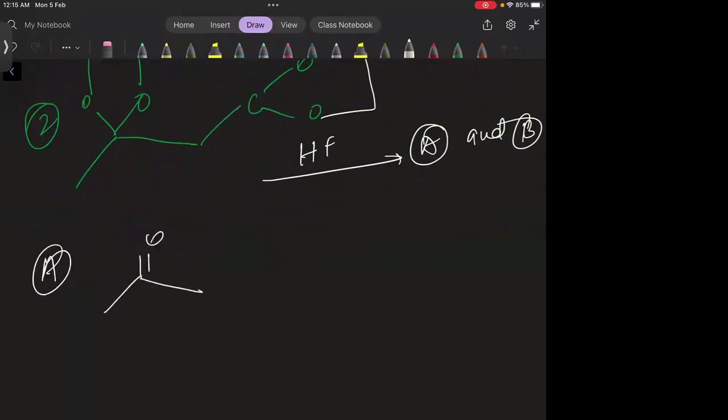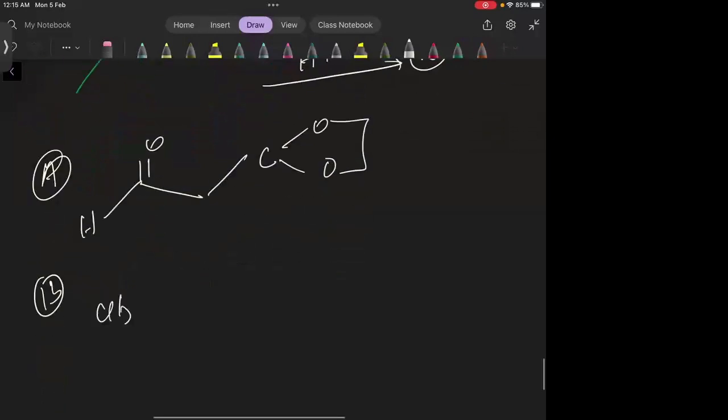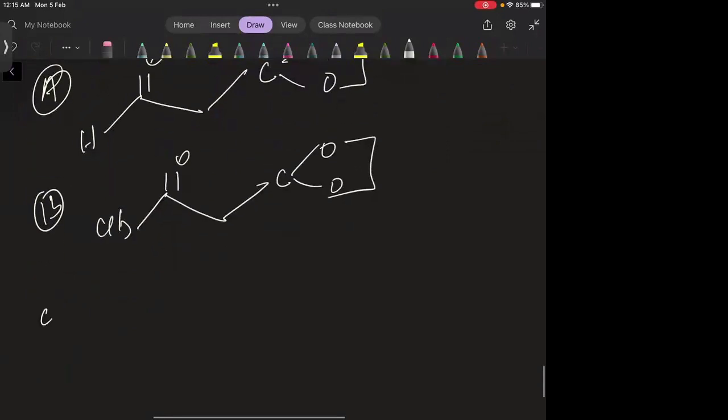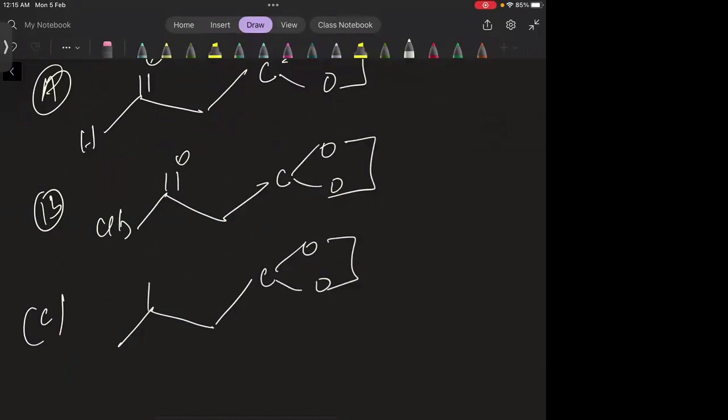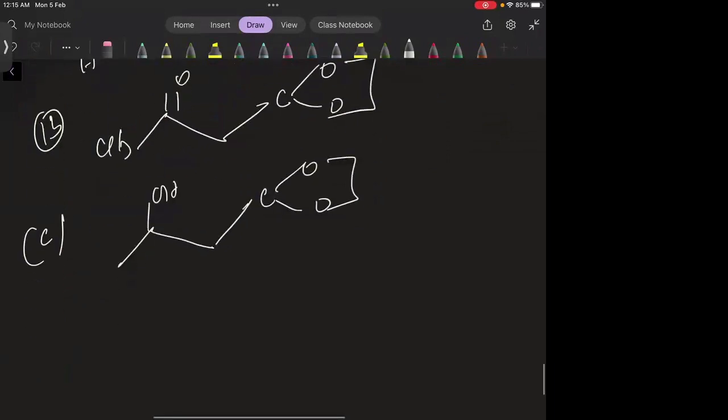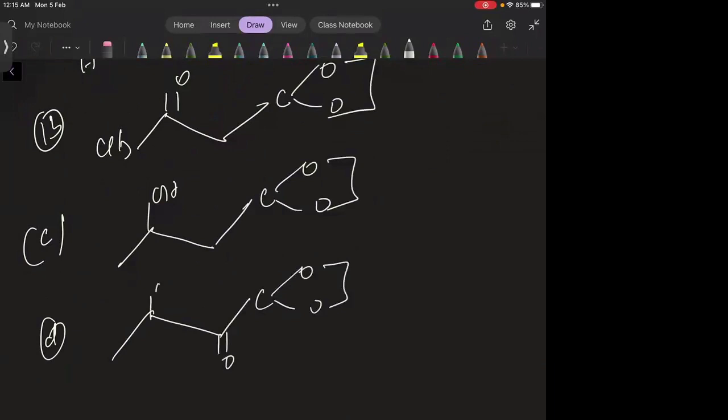Here is O, C, this compound. B, tell me what will happen? CH3, double bond O, C, O form, and C is C, O, O, and here is OH, and D is C, O, O, and O, OH will form.